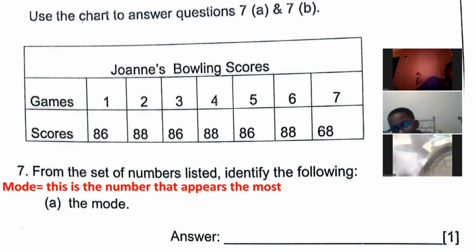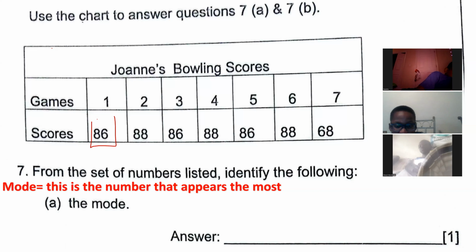How many times does 86 appear? 3 times. Very good. How many times does 88 appear? 3 times. Very good. So we have 2 modes, right? There are 2 modes in this data set because we have 2 numbers that appear 3 times.